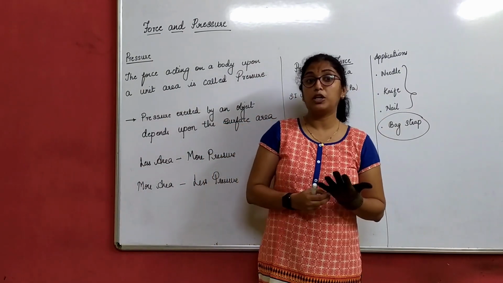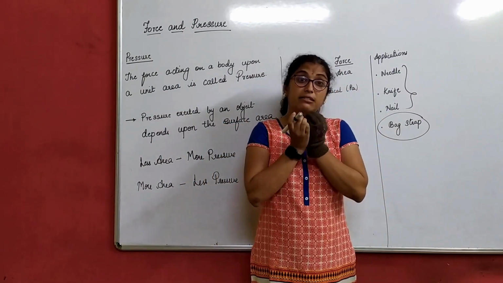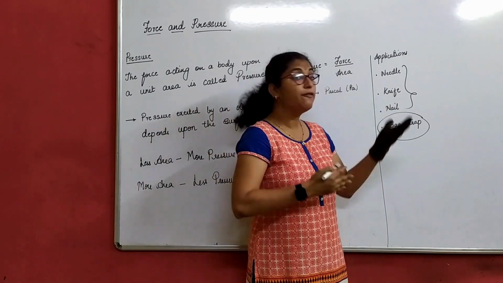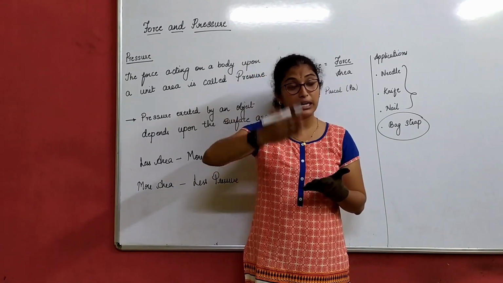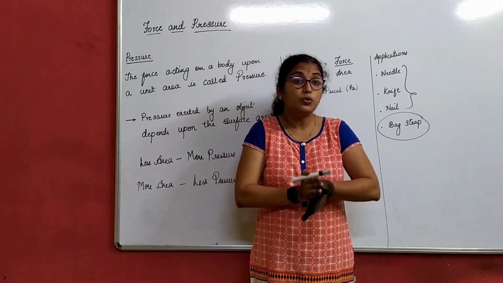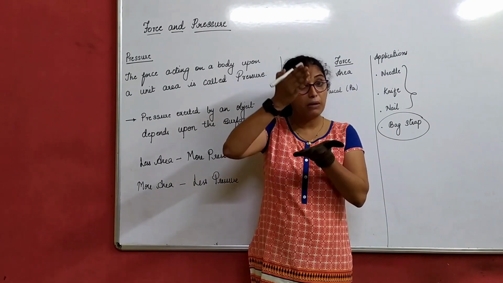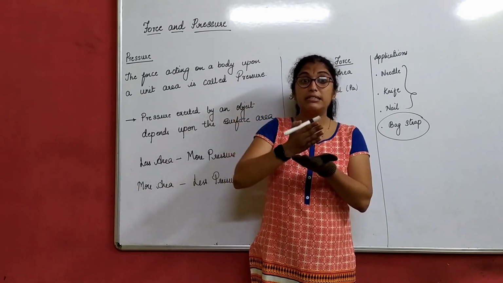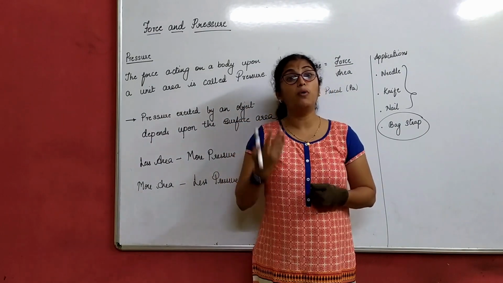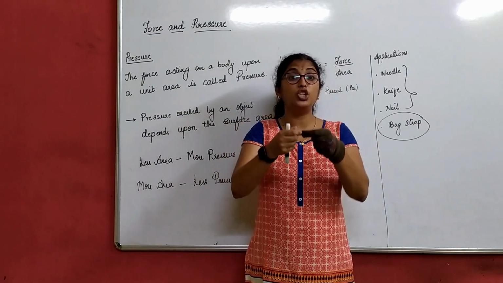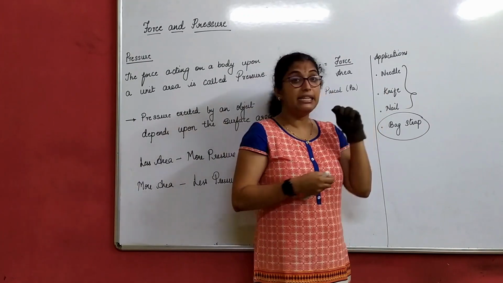The only reason is that as the area is reduced, pressure is increasing. That means if I want to cut something, I have to use the sharper edge of it, right? That means if I apply force, the pressure exerted over that is more. Why? Because the area is very less. It is very sharp. Same as the needle here.